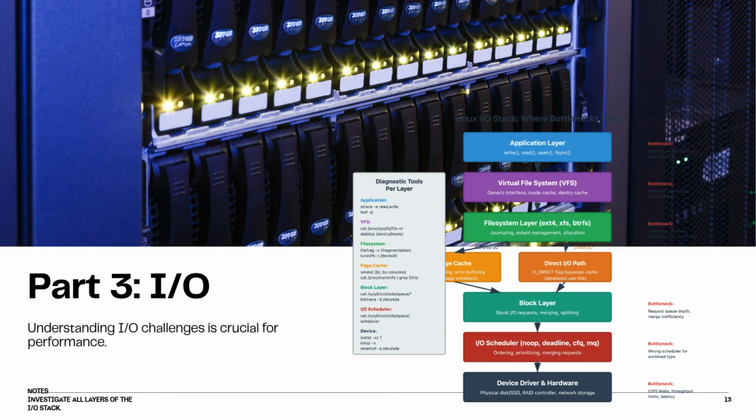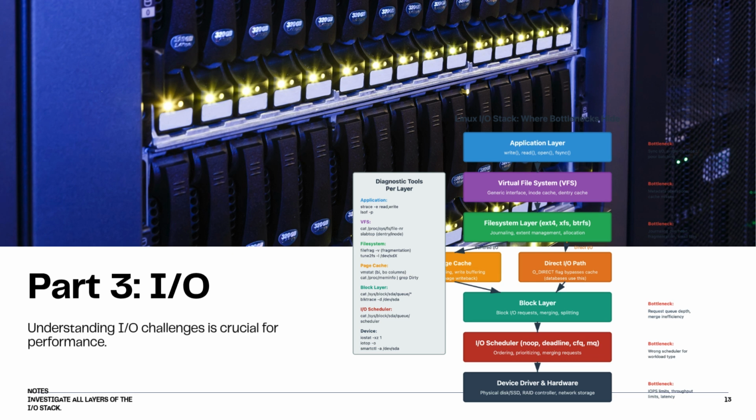12. RSS versus VSZ and the OOM killer. When someone tells me their process is using 10 gigabytes of memory, I always ask, RSS or VSZ? VSZ is virtual size, the total virtual memory allocated. This is mostly meaningless. A process can have 50 gigabytes of VSZ but only use 2 gigabytes physically.